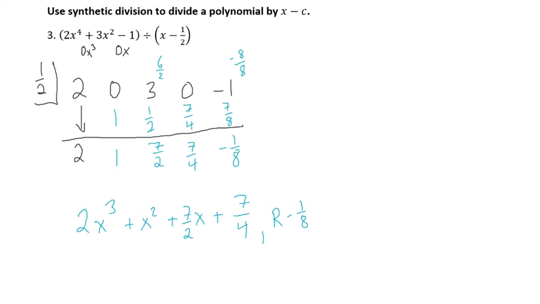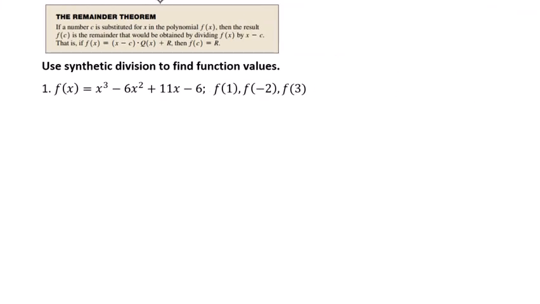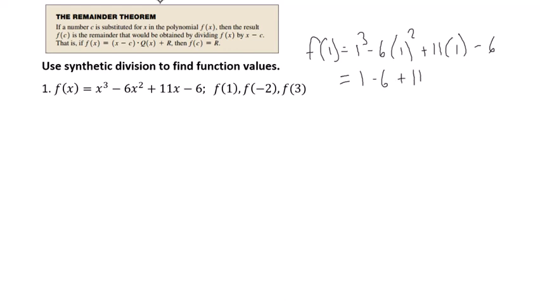All right, let's look at another example. So here we're asked to find function values. And typically with function values, when we would find f of 1, we would do 1 to the third minus 6 times 1 squared plus 11 times 1 minus 6, which gives us 1 minus 6 plus 11 minus 6, which gives us 0.